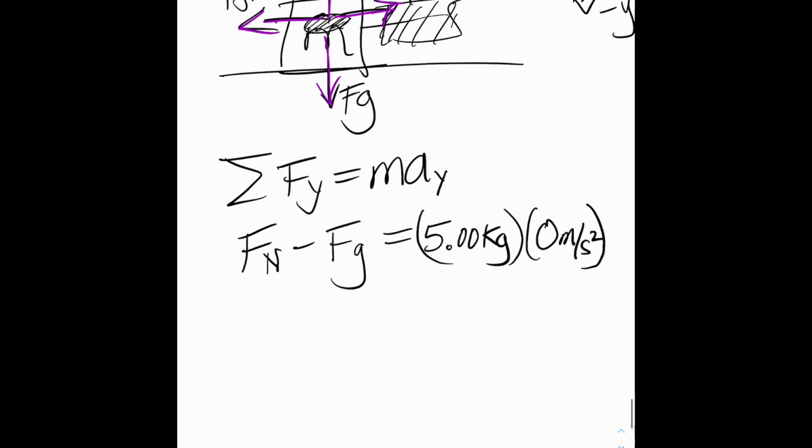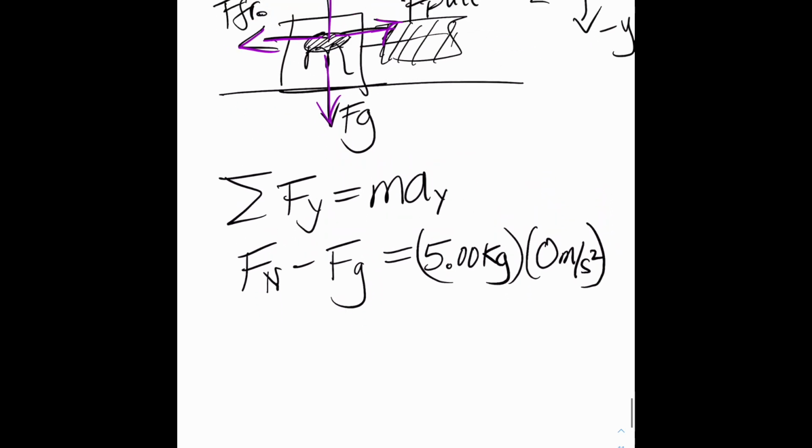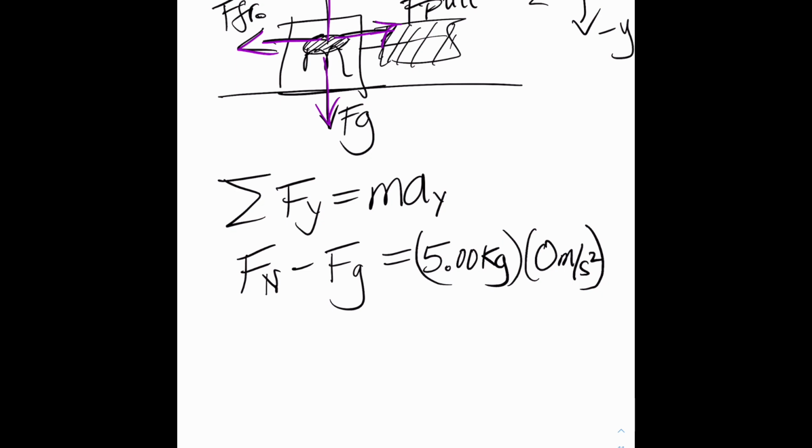We do have equilibrium in the y direction, and we'll talk about equilibrium here in a second. But it pretty much means the acceleration is equal to 0. All right, so we get 0 over here. We get Fn minus Fg, and we can see that Fn is going to end up equaling Fg.